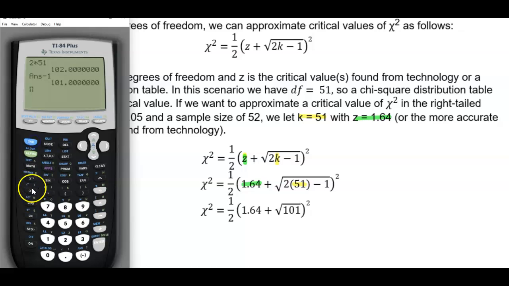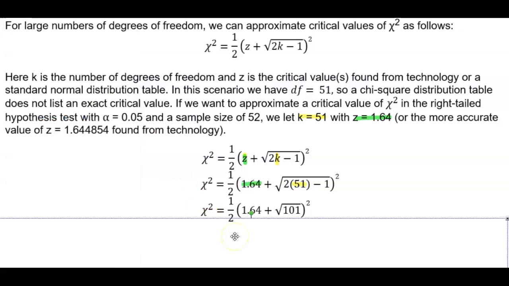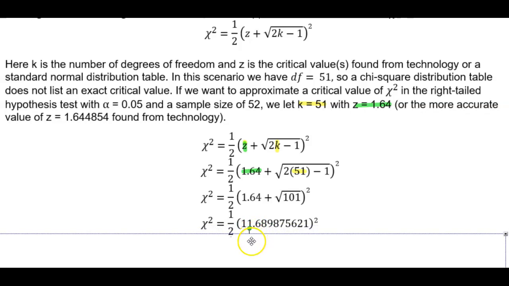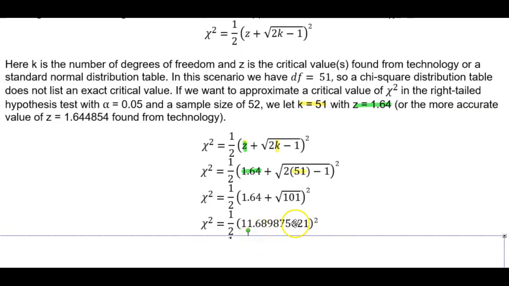So I'm going to go second square root of 101, and then press enter. Now I want to add 1.64, and that gives me 11.68987562.